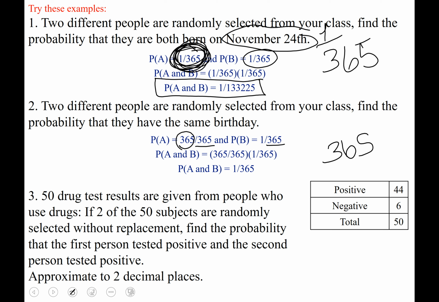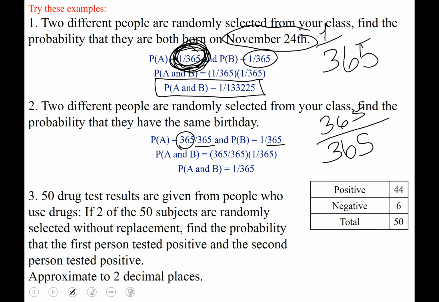So when you walk up to that first person and ask them, what day were you born on? It doesn't matter what they say. There are 365 days that they could say out of 365 because there's no determined success yet. However, now that they say their birthday, let's say they say October 1st, now October 1st has been declared the success.